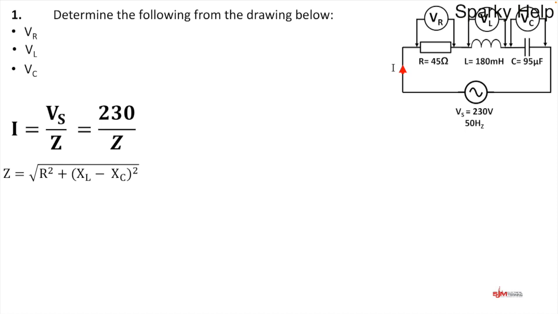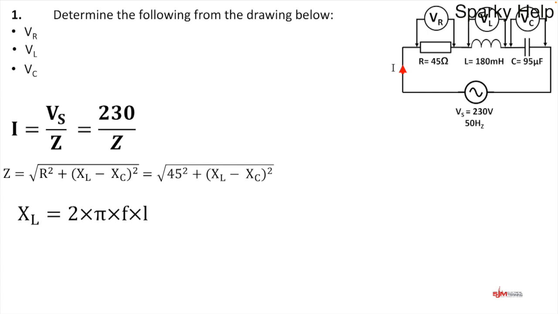So let's put in the figures that we do know. The only one we know so far is 45, because that's the resistive. We don't know XL and XC, so we're going to have to calculate those. Let's start off with XL.